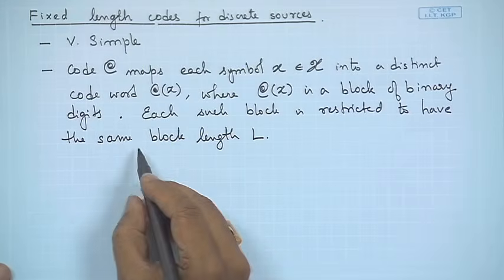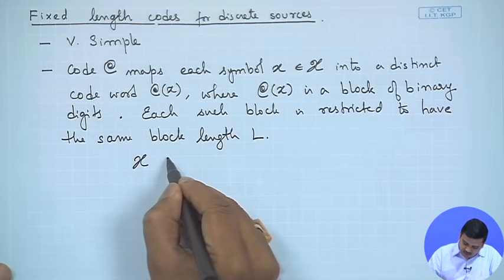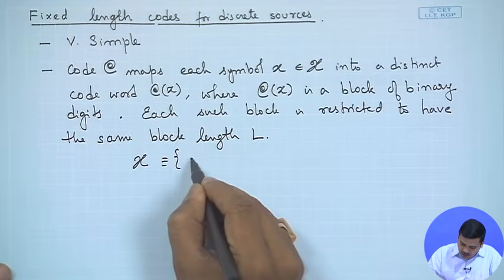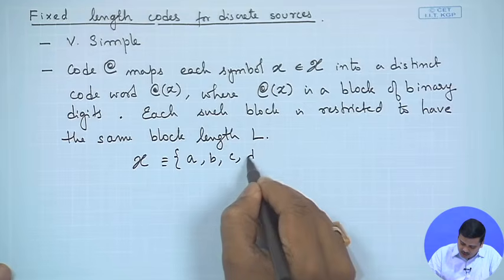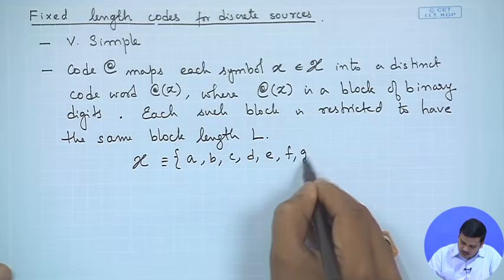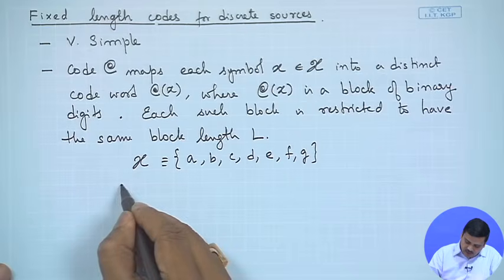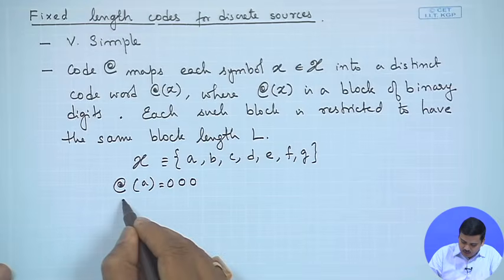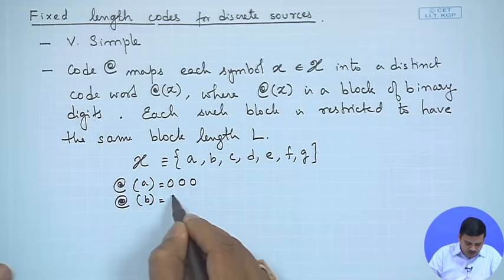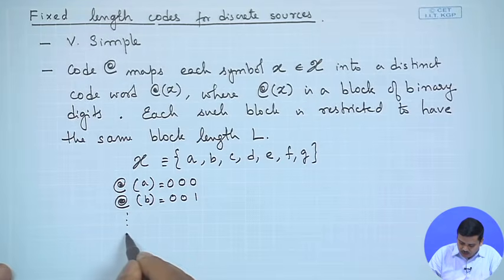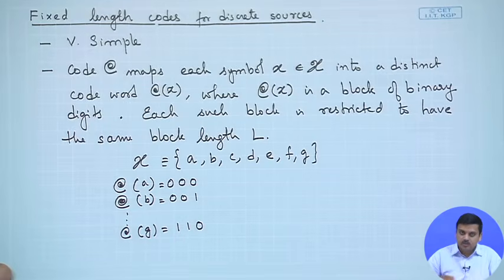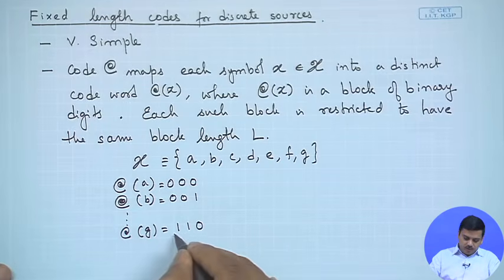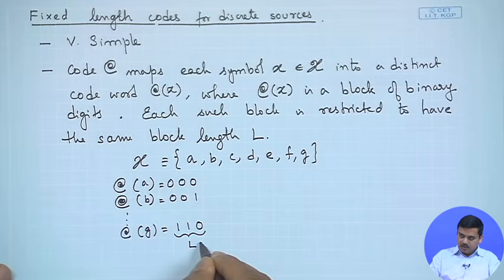So, for example, if we have X defined as A, B, C, D, E, F, G, then we could say let C of A be equal to 000, the code for B be 001 and so on, and the code of G is equal to 110. We could assign this. So this length is L, which is equal to 3.